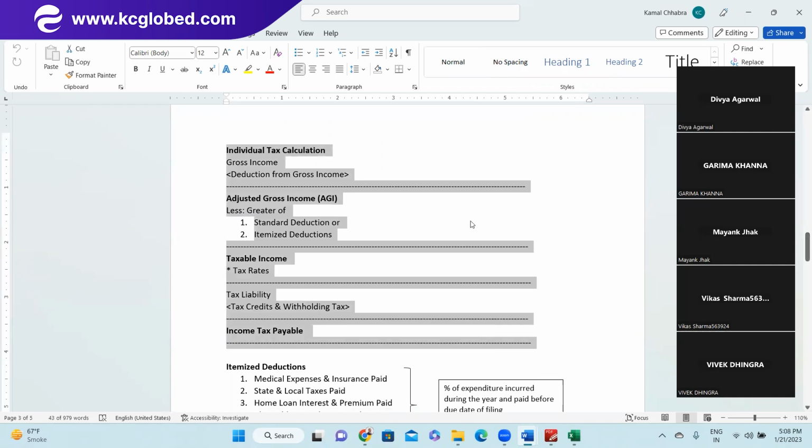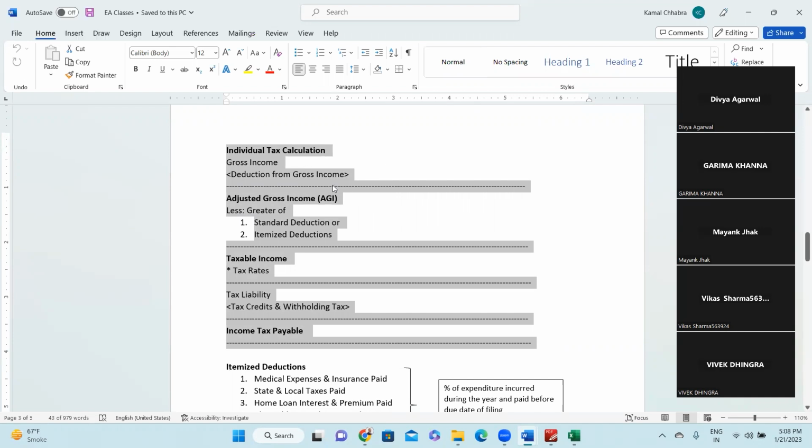Here, see how we calculate the taxable income of an individual, sole proprietor, or company. First, we consider gross income, which we understood in chapter 1. We understood deductions from gross income, then we calculated adjusted gross income, then we understood standard deduction and itemized deduction.